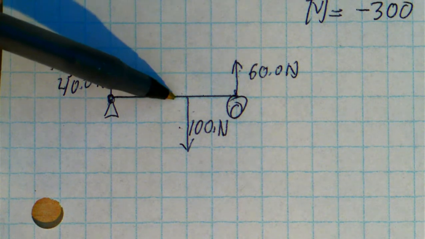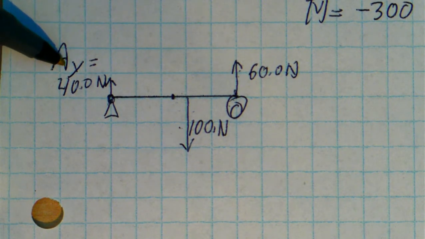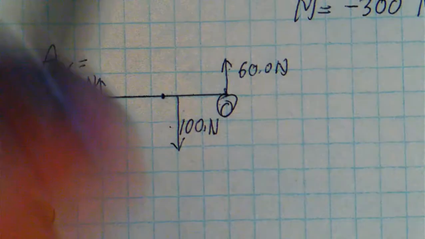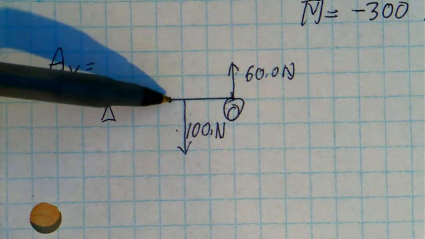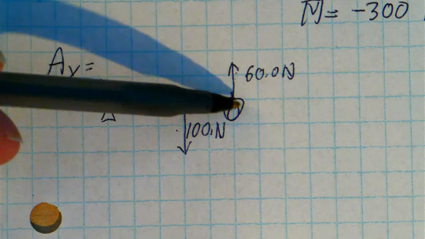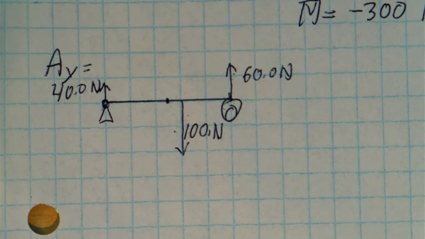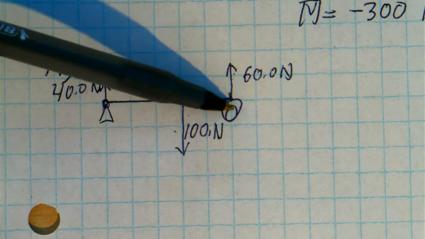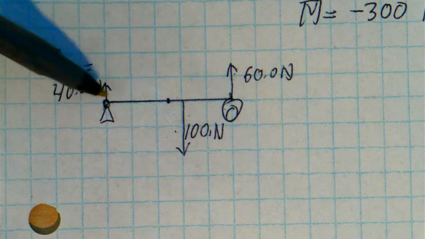All I could say right now is that 2.5 meters times the reaction force in the y direction as a negative moment, plus 2.5 meters times the reaction force at the roller, opposite sign, these three moments add up to zero.